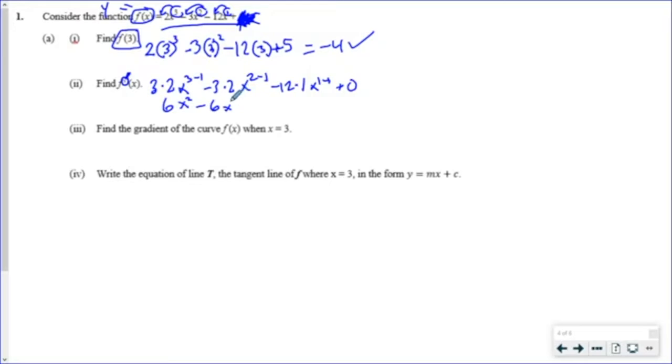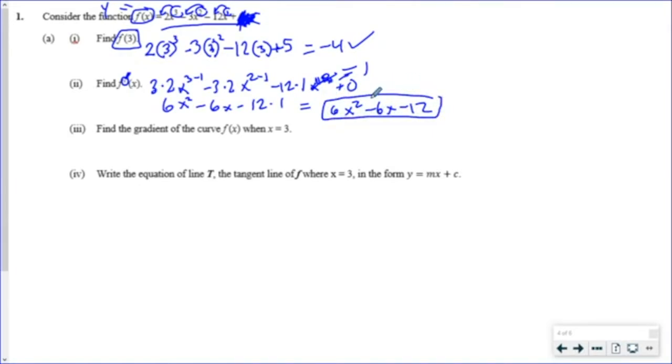Don't say 1th. Minus, what's negative 12 times 1? Negative 12. And here, 1 minus 1 is 0. Anything to the 0 power equals 1, so this is just times 1. Which gives me 6x squared minus 6x minus 12. This is my derivative. That took way too long, but some of you needed to see that. I'm sorry.